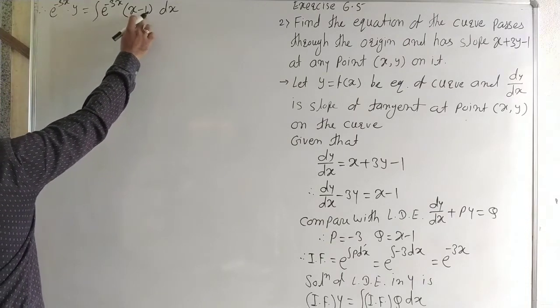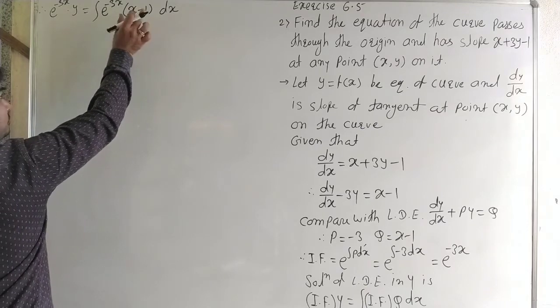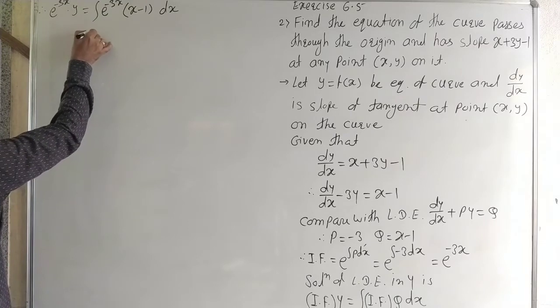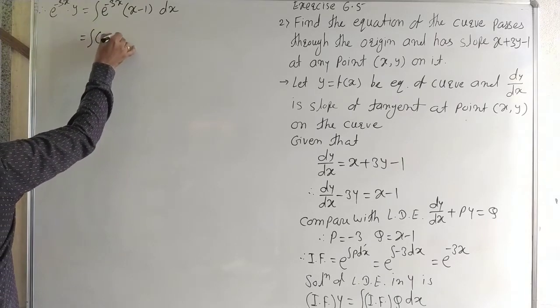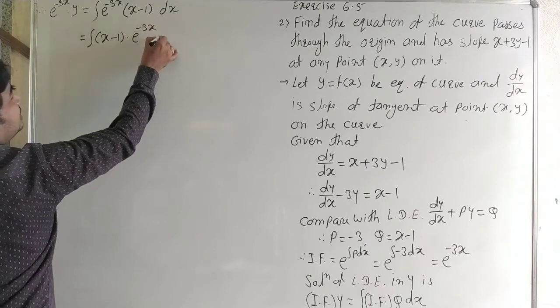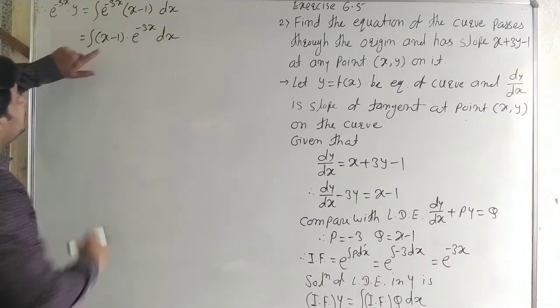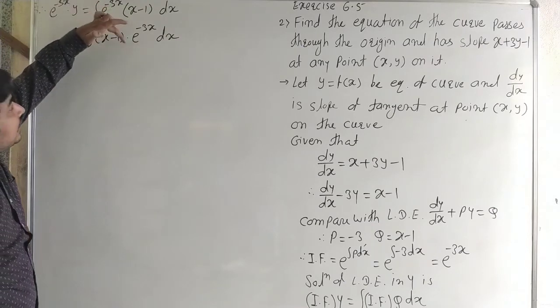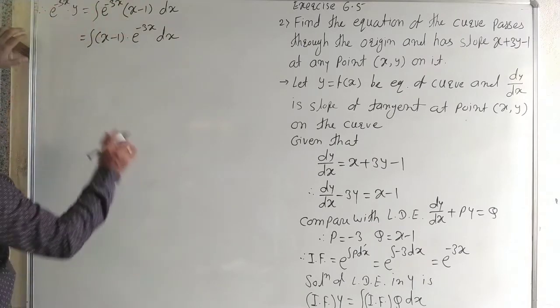Here it is x - 1, we take as u, and e to the power -3x dx, and here we use the integration by parts. x - 1 is u, and e to the power -3x is v.